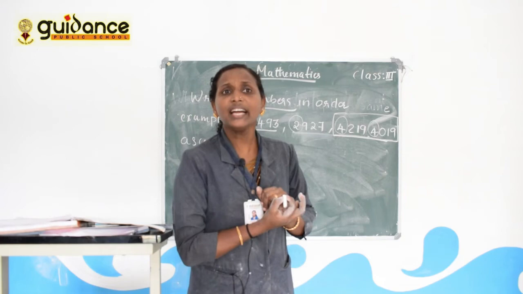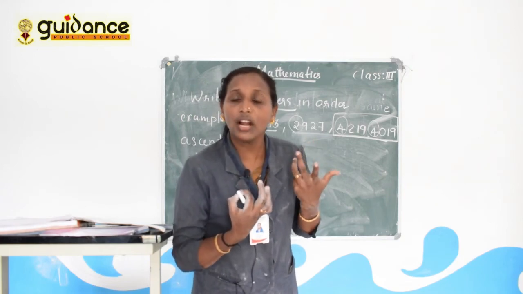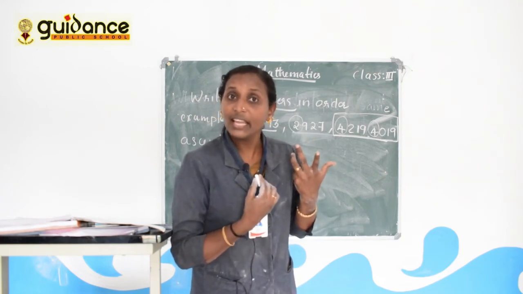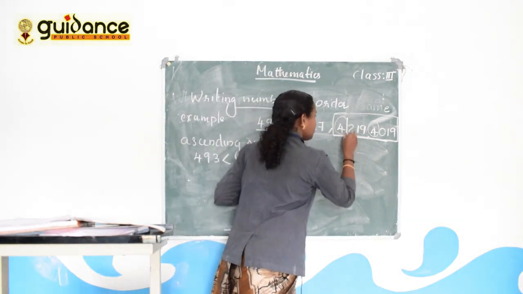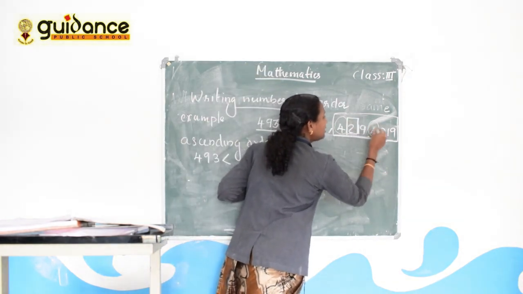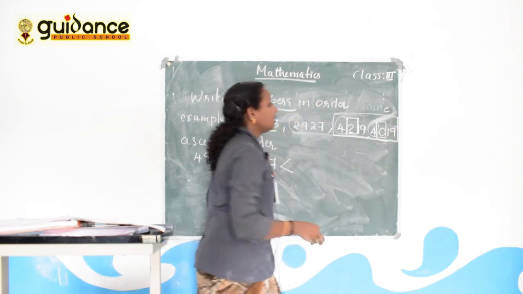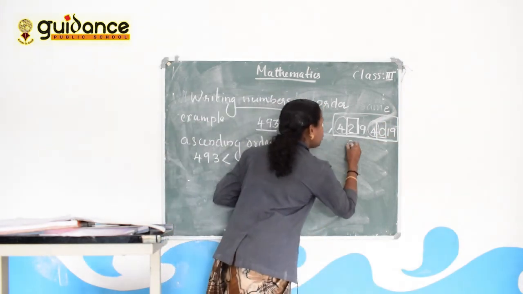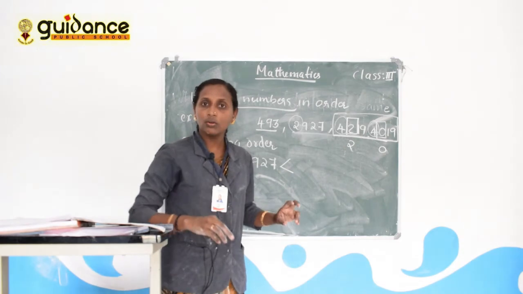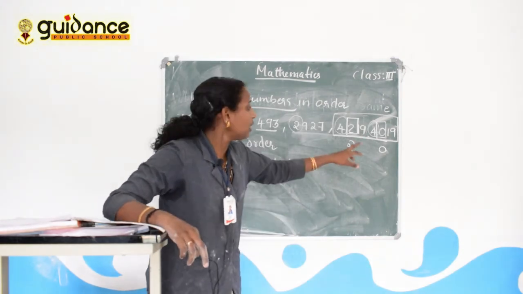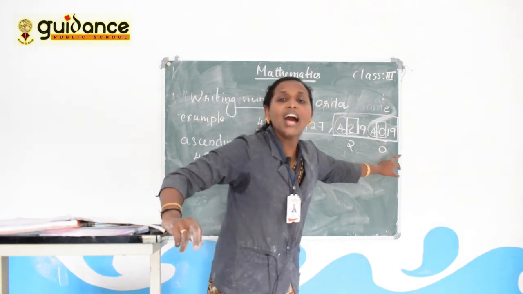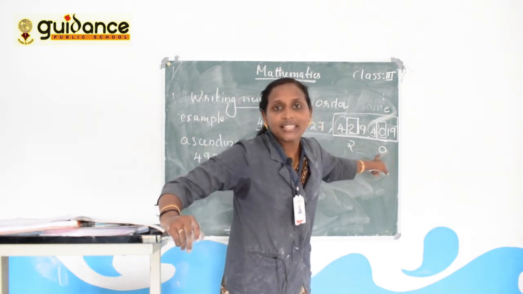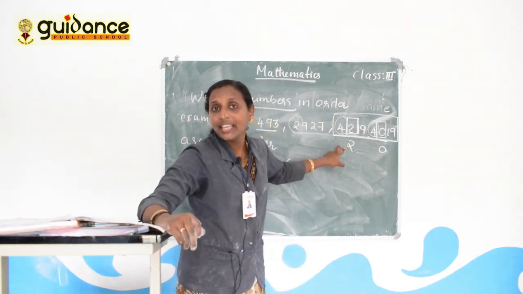At that time, what we do is compare the next digit, in the hundreds place. Here 2, here 0. Which is the greatest number, 2 or 0? 0 is the smallest, 2 is the greatest.